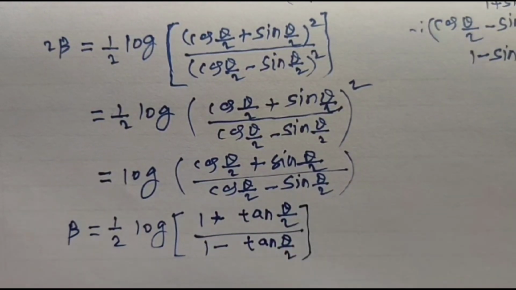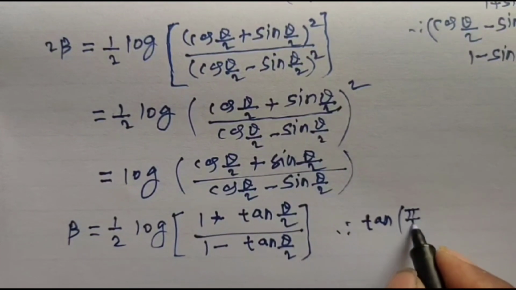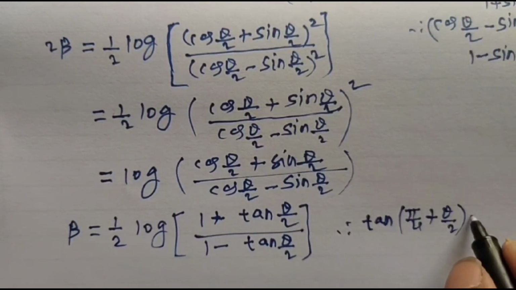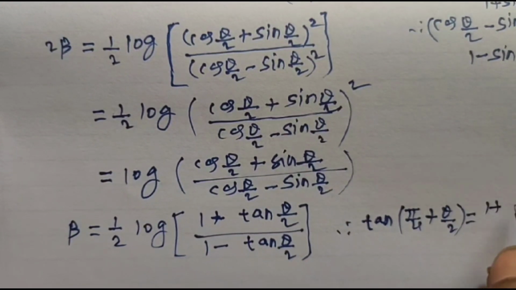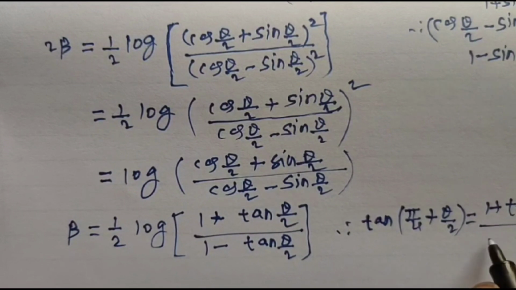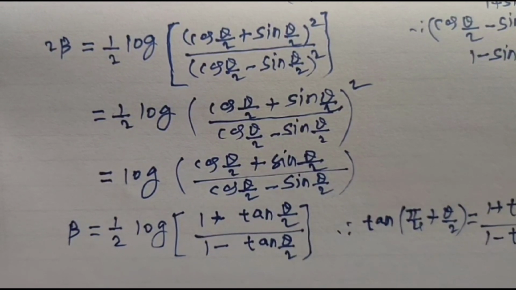Okay. But tan of pi by 4 plus theta upon 2 is equal to 1 plus tan theta upon 2 divided by 1 minus tan theta upon 2, because tan pi by 4 is 1.